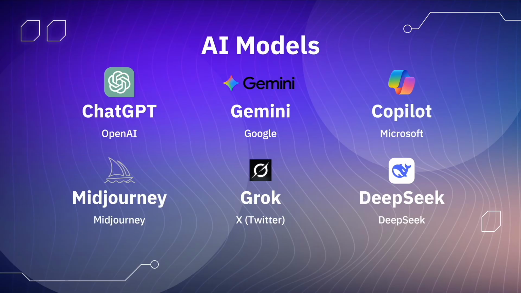So each one has a competitive edge. Some of them have specialization, but a lot of them provide a relatively similar level of quality, right? And every new day, there's an update, there's a new model. So whatever I say about these models may not be true in a couple of months. If I say ChatGPT is better than Gemini, that might not be true in a couple of months. So just keep that in mind.